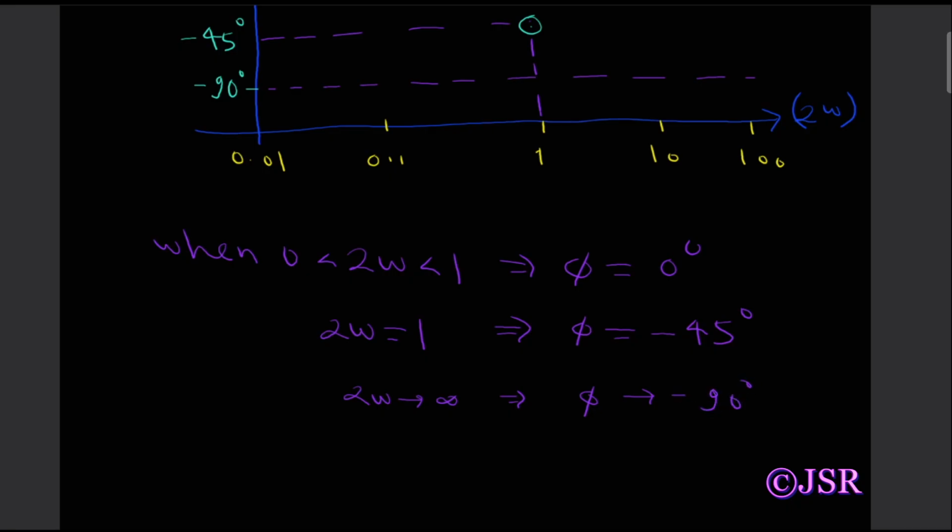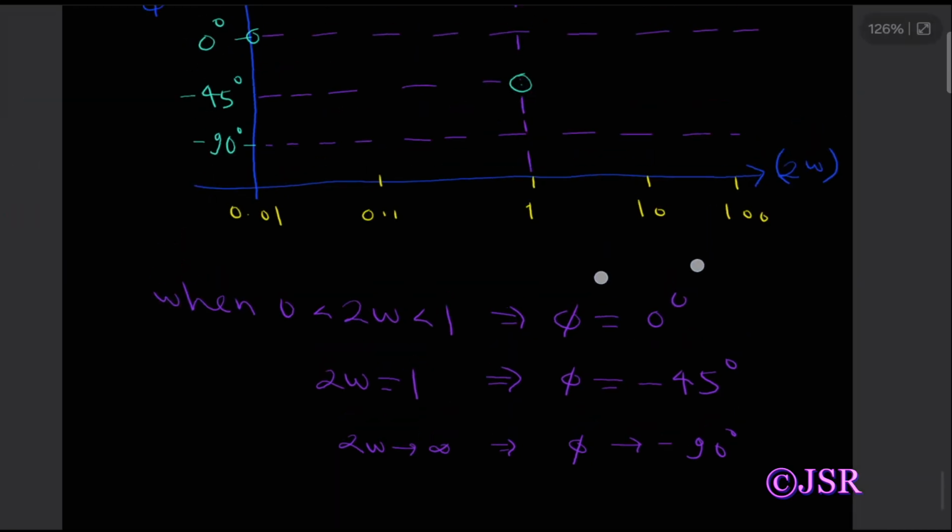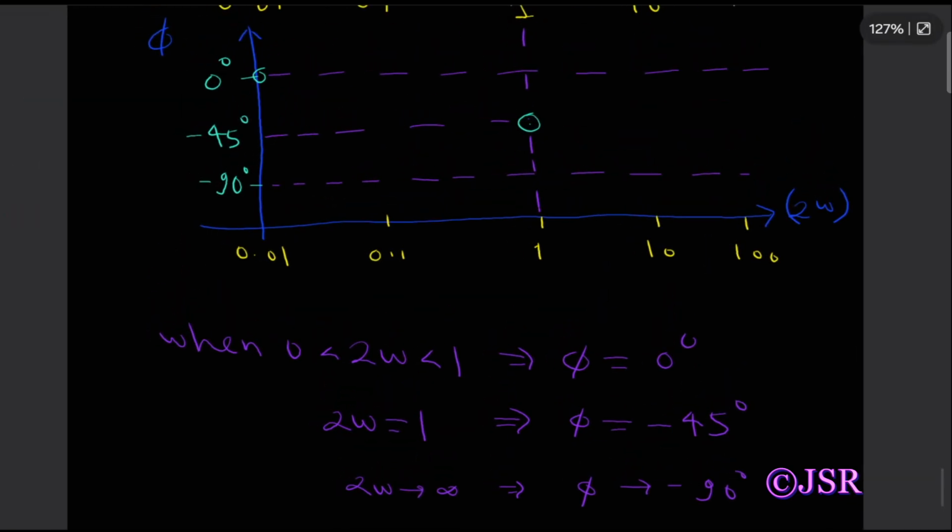So the phase shift at infinity will be minus 90 degree. This seems to be like this.